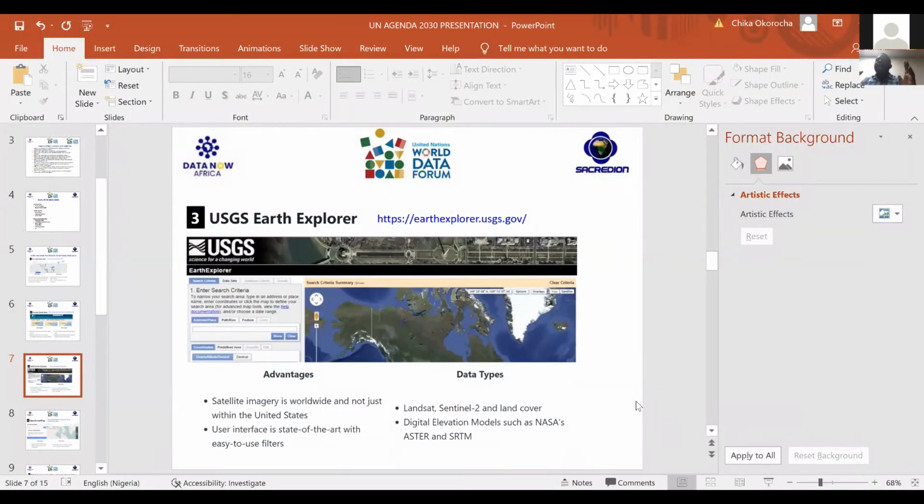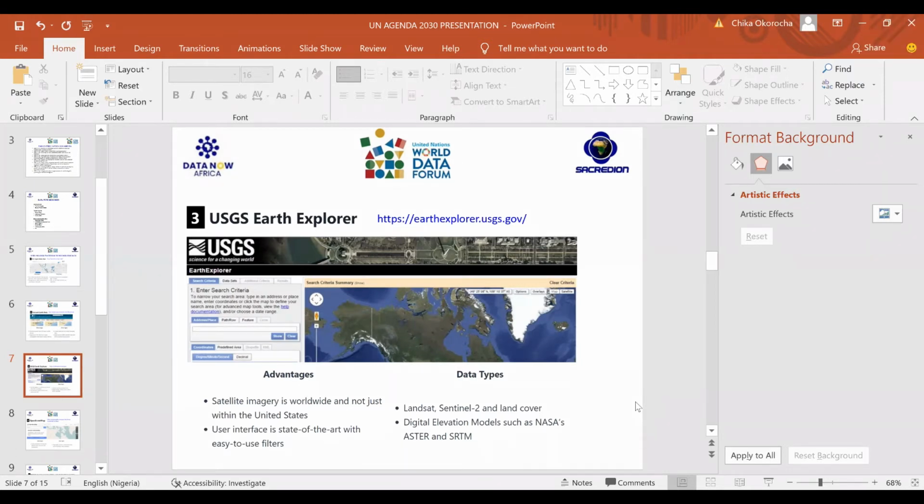And here you can also access satellite imagery on this platform. You know, I mentioned satellite imagery, and they are very important. You can access several levels of satellite imagery. Landsat, Sentinel-2, and land cover maps can be accessed from this platform.